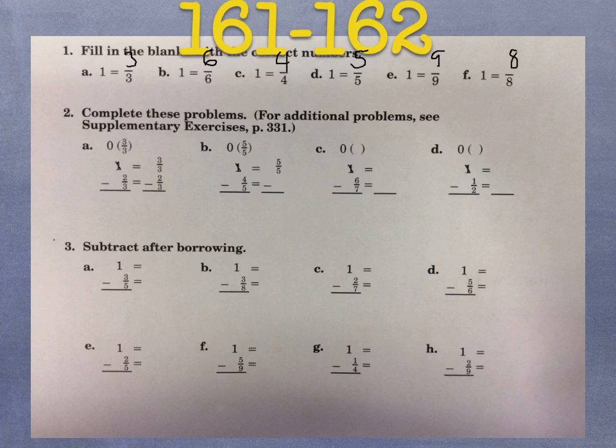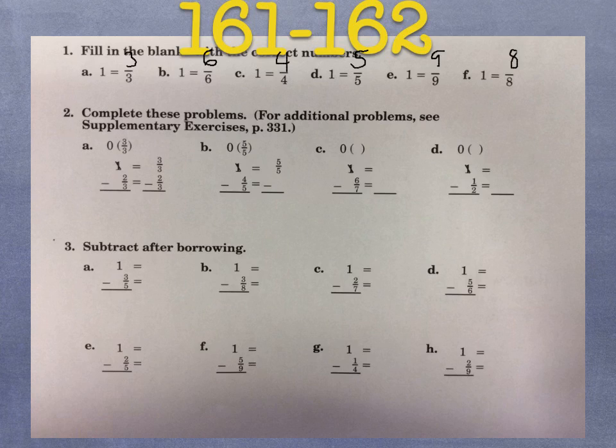Okay, so now we're going to take what we've learned from the last lesson, and what we just practiced. And in number 2, we're going to have to understand that for what we're going to do. Number 2, they've done some of the work for us, and we need to complete it. What they've shown us here is the problem of 1 minus 2/3.